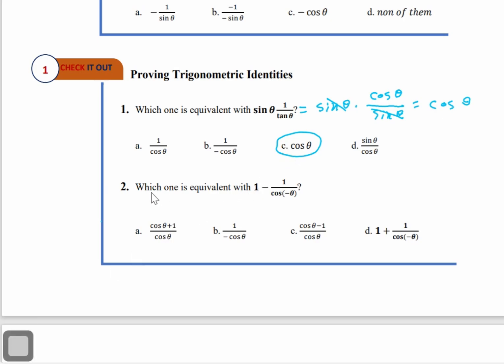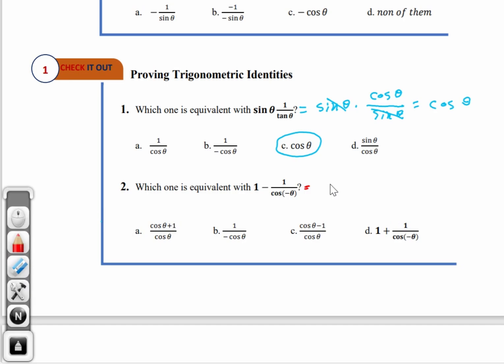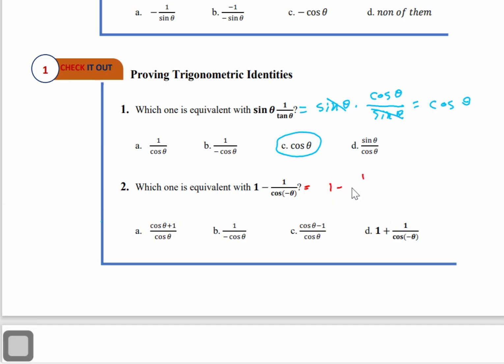For branch 2, for example, which one is equivalent with 1 minus 1 over cosine negative theta? To solve this example, we have 1 as itself minus 1 over cosine negative theta. It will be cosine theta, it will be positive. So as you see, we don't have any choices like this. So we find the common denominator for both of them. Here we have denominator, which is 1. We multiply both numerator and denominator by cosine theta, and that one multiplied by cosine theta as well.